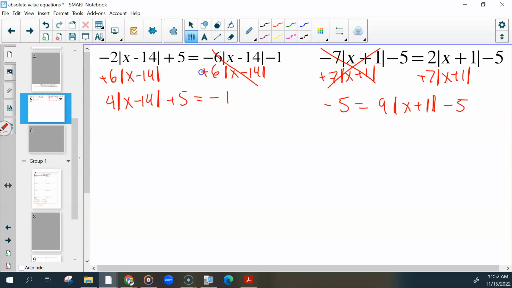And then if we solve this, what would we do first? Hannah. Not first. We will get rid of the 9, but not first. Look back at the examples we just did. What would we get rid of first?